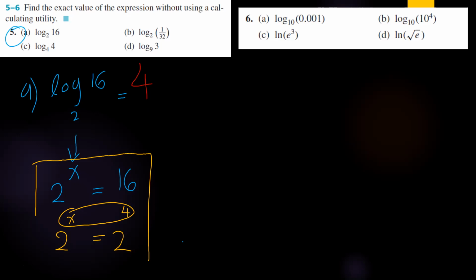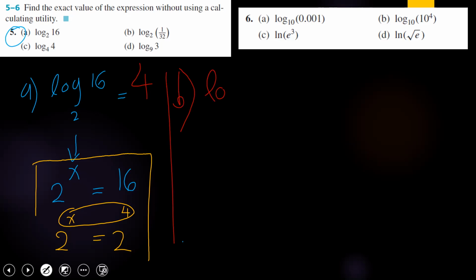Now let's solve B. Logarithm to the base 2 of 1 over 32. Now here, what do you have to do? Here we have 1 over 32. So now you write x like this: 2 to the power x is 1 over 32.